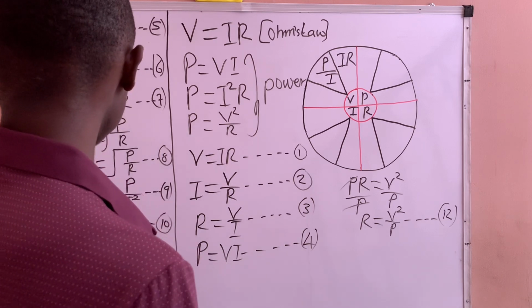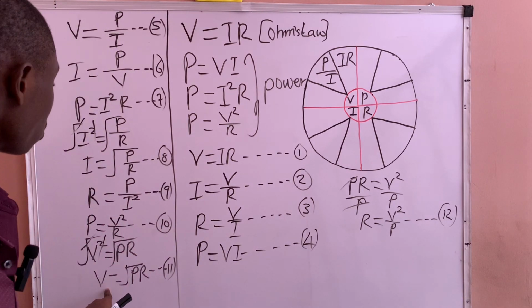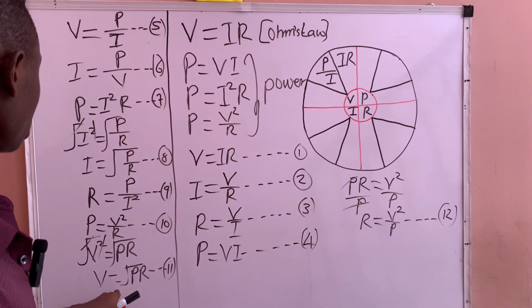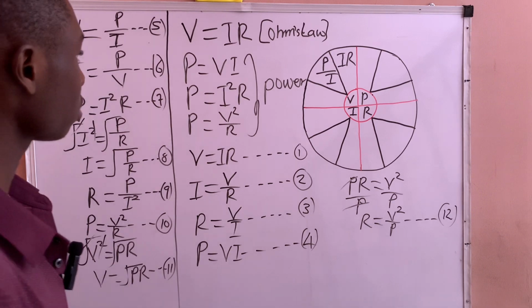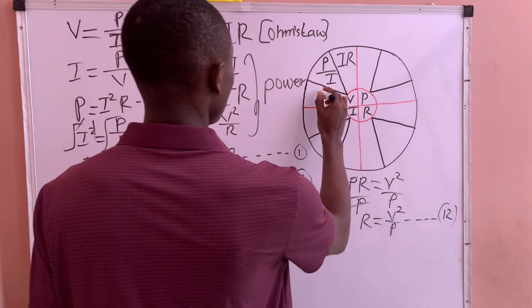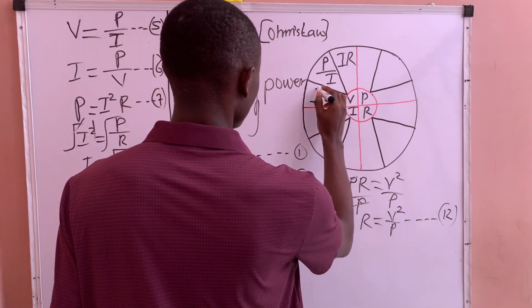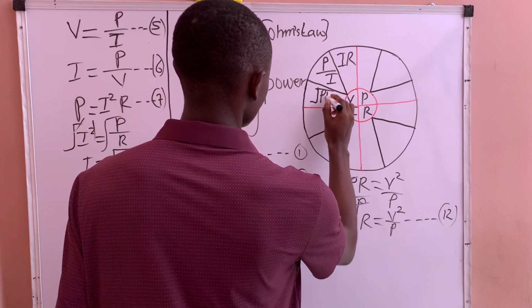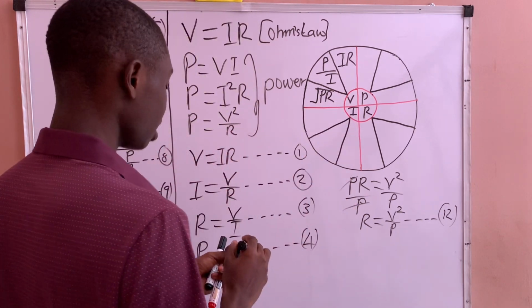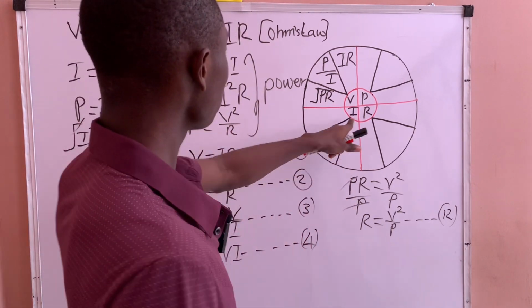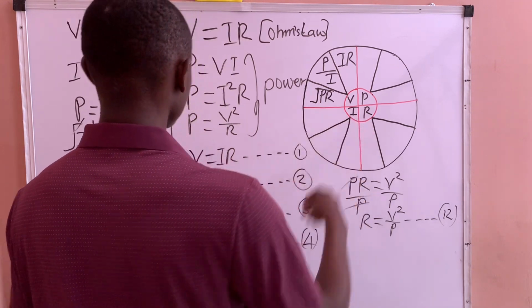So we move to the next one. We also have that from equation 11, V is equal to the square root of P R, which is the product of power and resistance. Let's move to the next one, which is current.